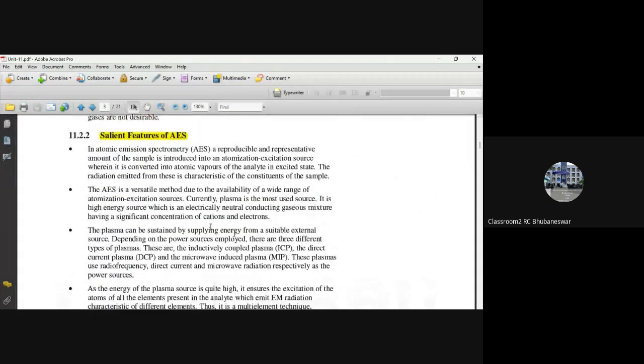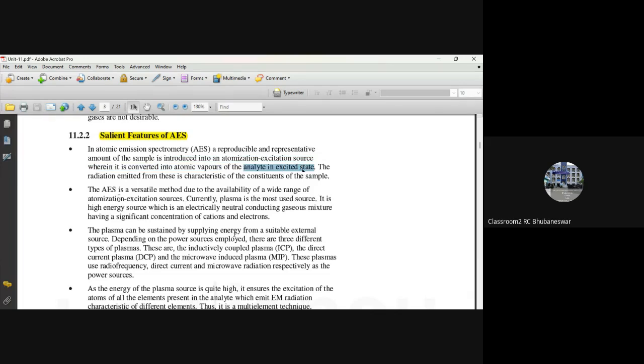Then coming to the salient features of AES, in atomic emission spectroscopy, a reproducible and representative amount of the sample is introduced into the atomization excitation source where it is converted into atomic vapors of the analyte in the excited state.